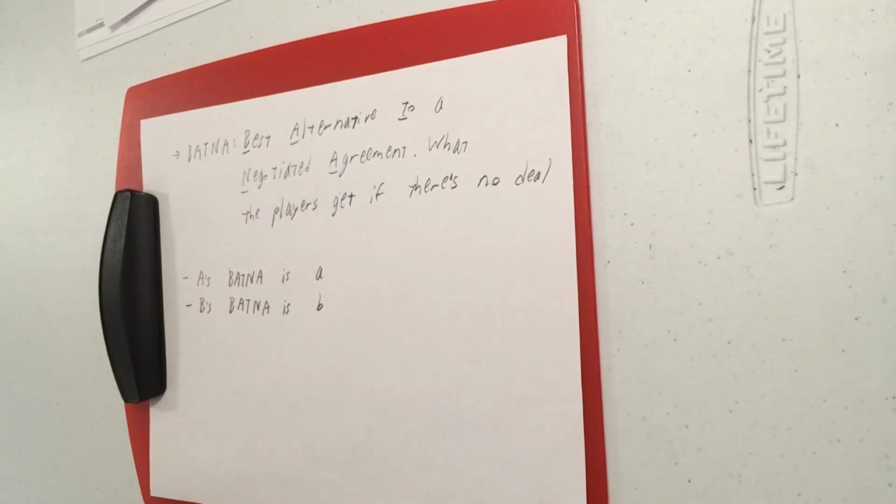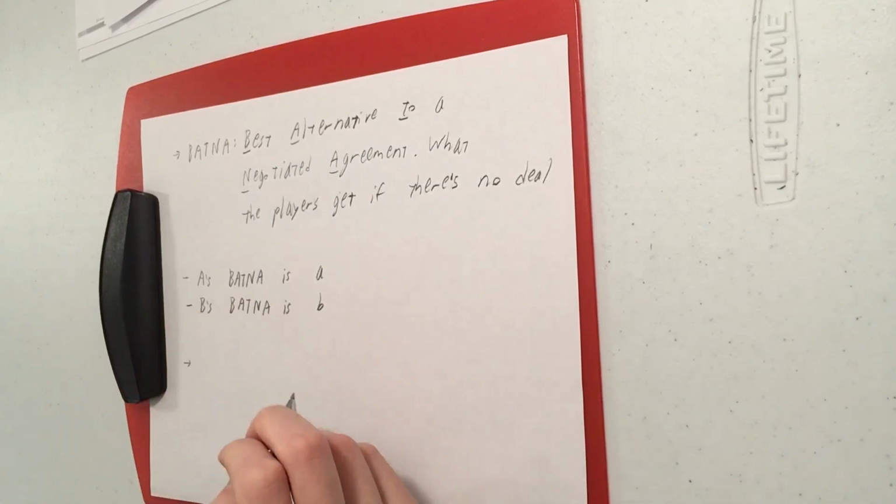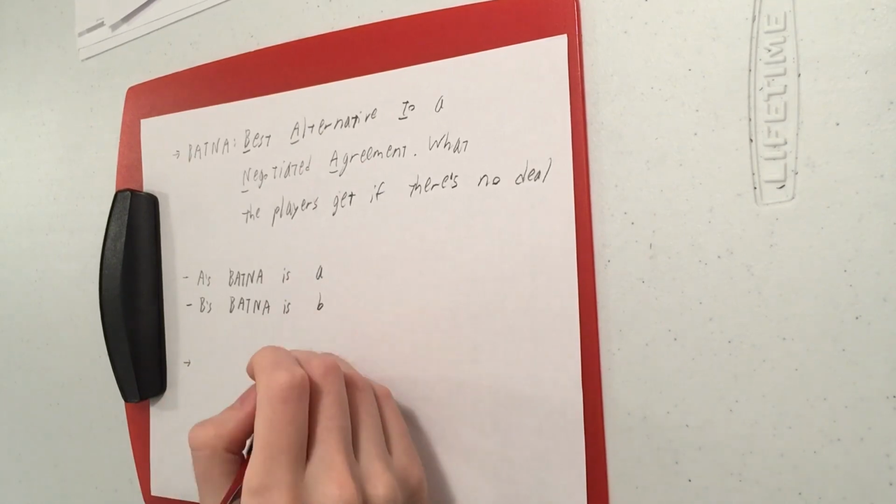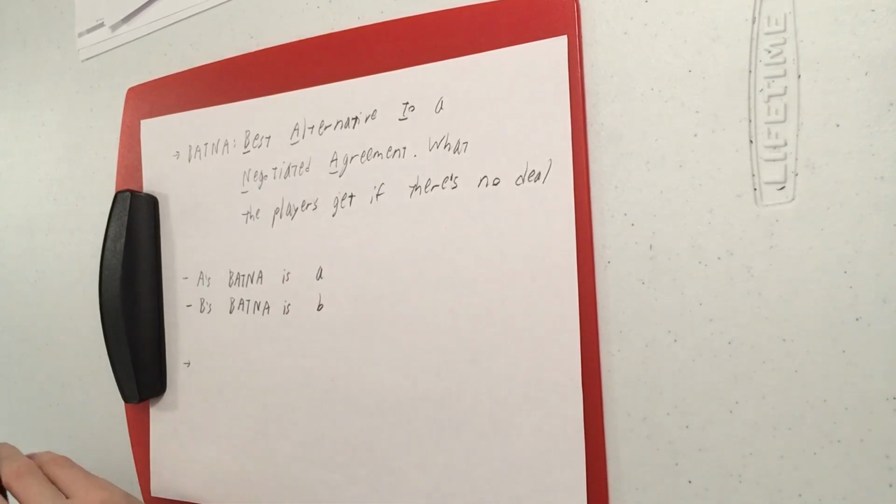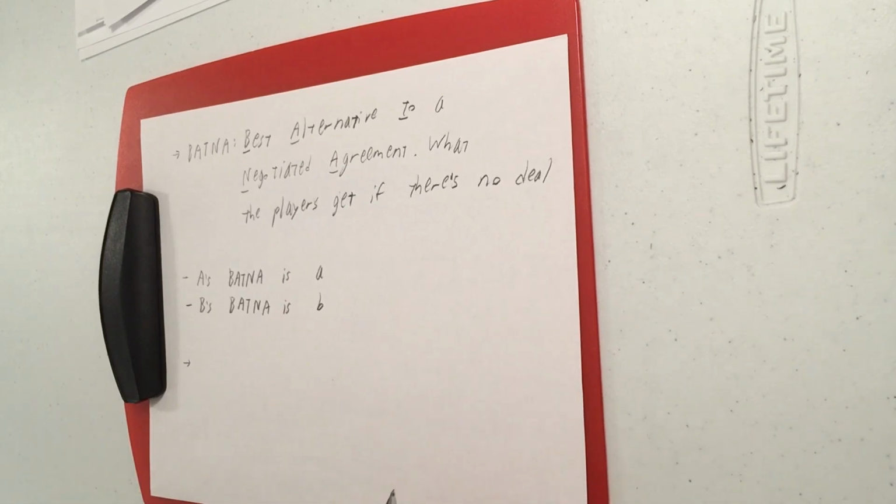So for negotiations to make sense, we have to have V greater than a plus b. There's got to be more value from working together than from working separately. Otherwise, you just work separately and there's nothing to negotiate over.